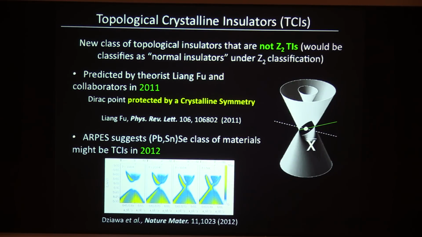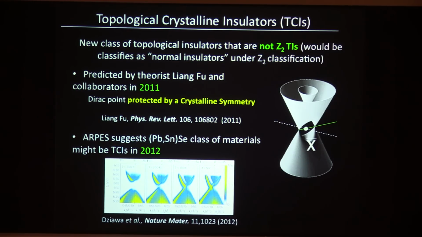So, topological crystalline insulators. Liang Fu and his collaborators predicted in 2011 that this class of materials should exist. That is, you should have a class of topological materials where the Dirac point is protected by some kind of crystalline symmetry, like mirror or reflection symmetry.